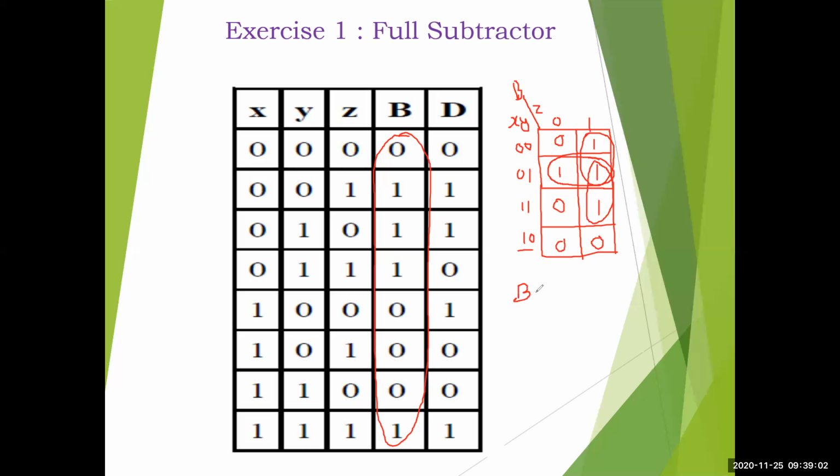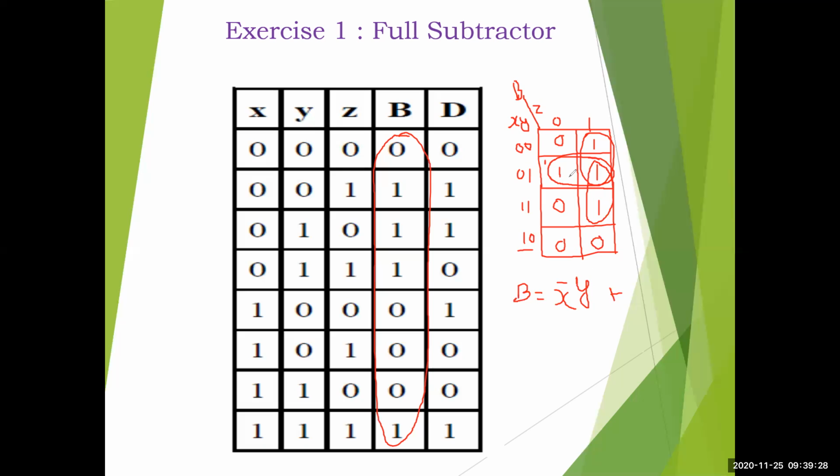Borrow is equal to, first this one. Here 0 1 is there, so the 0 1 cancels out, z bar equal to 1, so this combination gives x bar y.